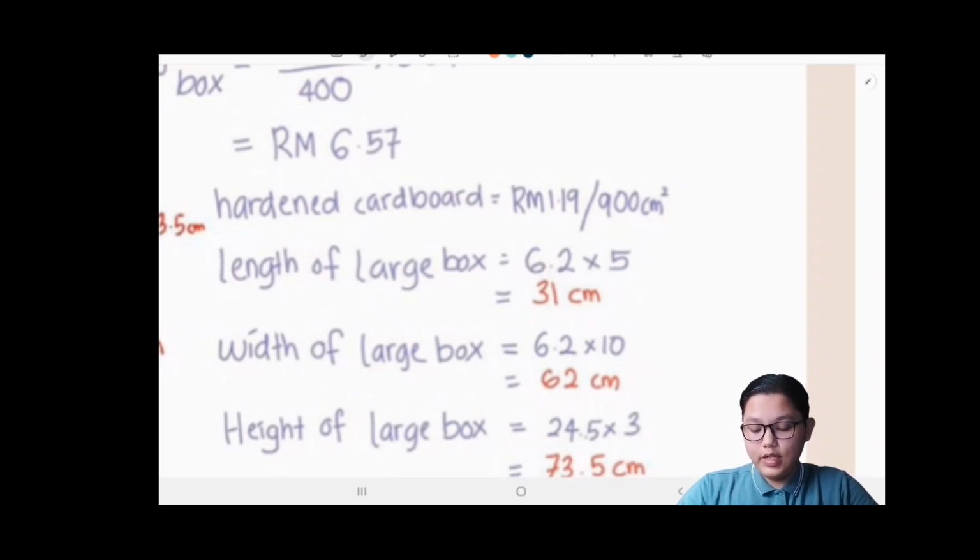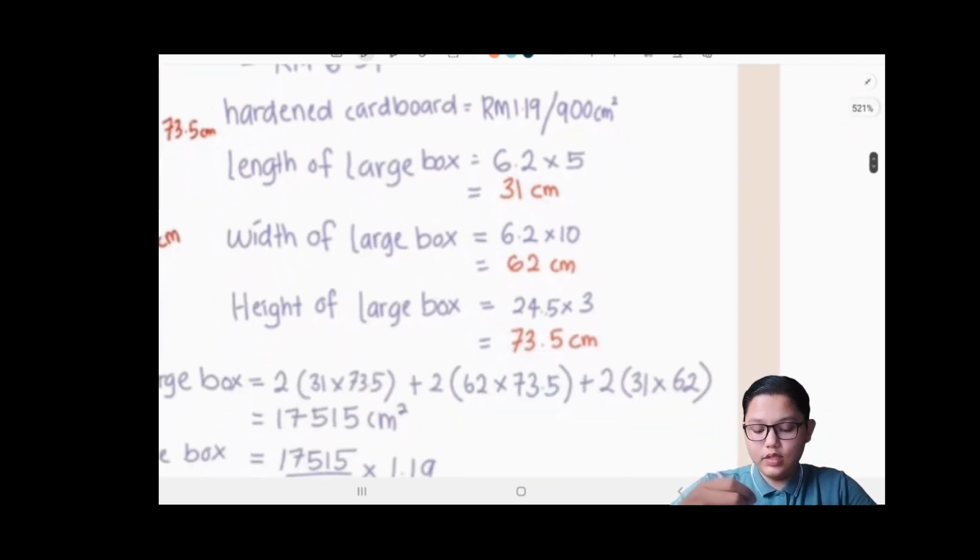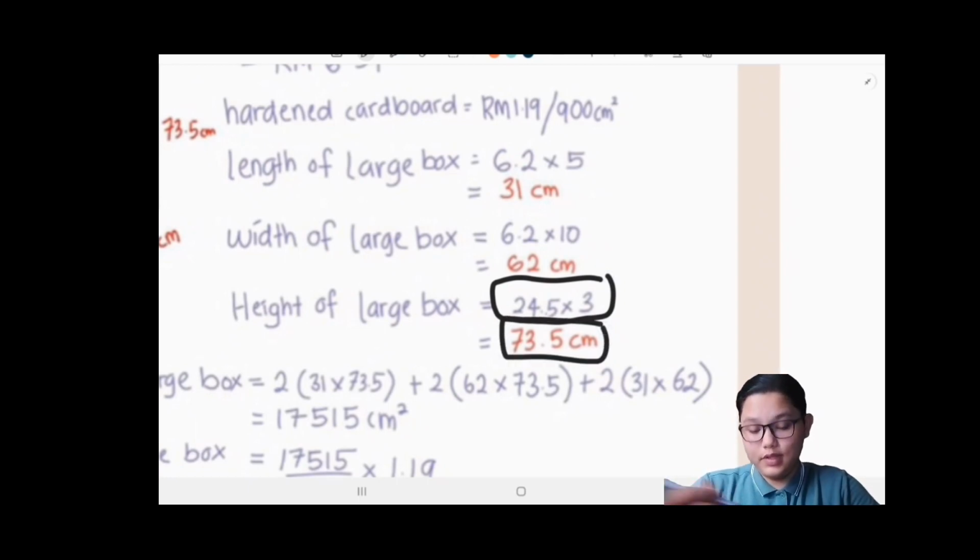Then we can calculate the width of the large box. All we need to do is multiply 6.2 by 10. So we got that the width of the large box is 62 centimeters. To calculate the height of the large box, we just need to multiply 24.5 by 3. So we got the height, which is 73.5 centimeters.